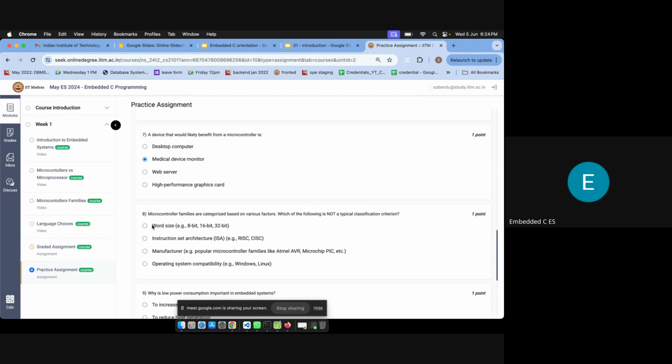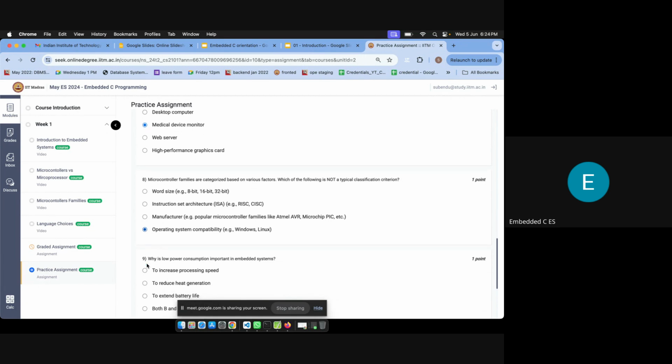And in instruction set architecture, we also check which architecture it is, like x86. Manufacturer, we also check, like PIC, STM32, ESP32. Operating system compatibility we are not checking, like which operating system it supports. So this is not a typical classification criterion, right?